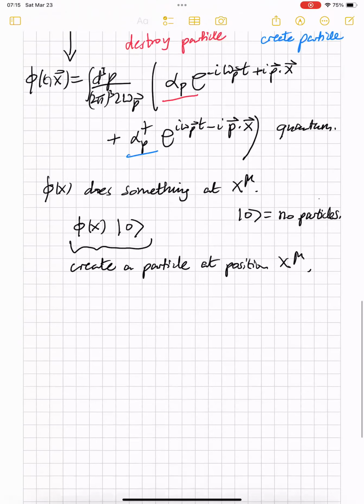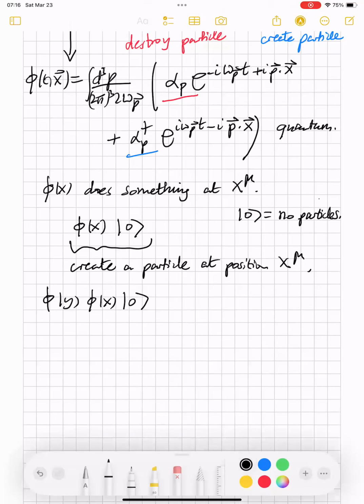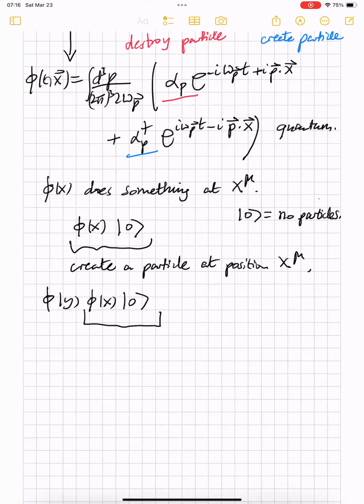Now let's apply a second field. Let's say we've got phi of y acting on phi of x on the vacuum. Now we know what this is. This state is the state of a single particle at x mu. Okay, we'll continue in a moment.